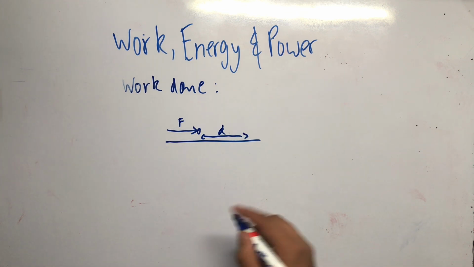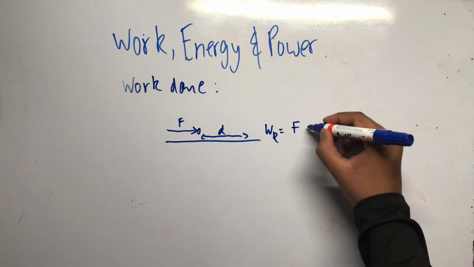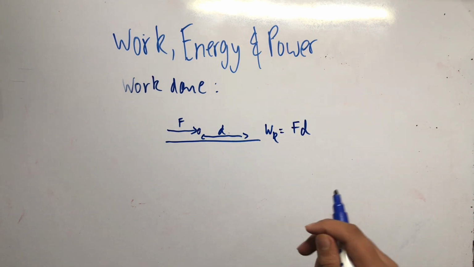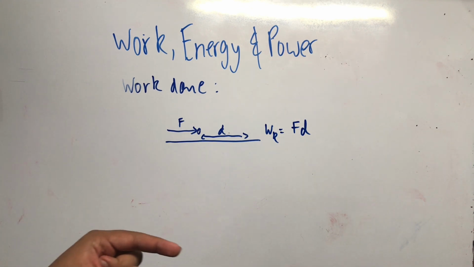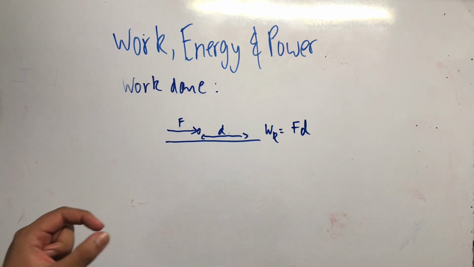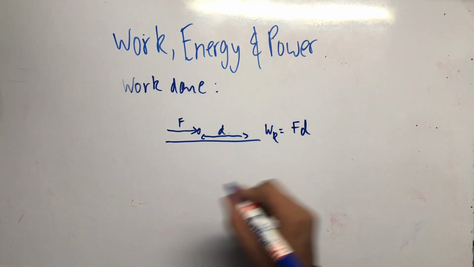Then the work done by this force is equal to the force times distance. In work done, you have to remember that the force and the displacement of the particle are parallel, so they both are in the same direction.